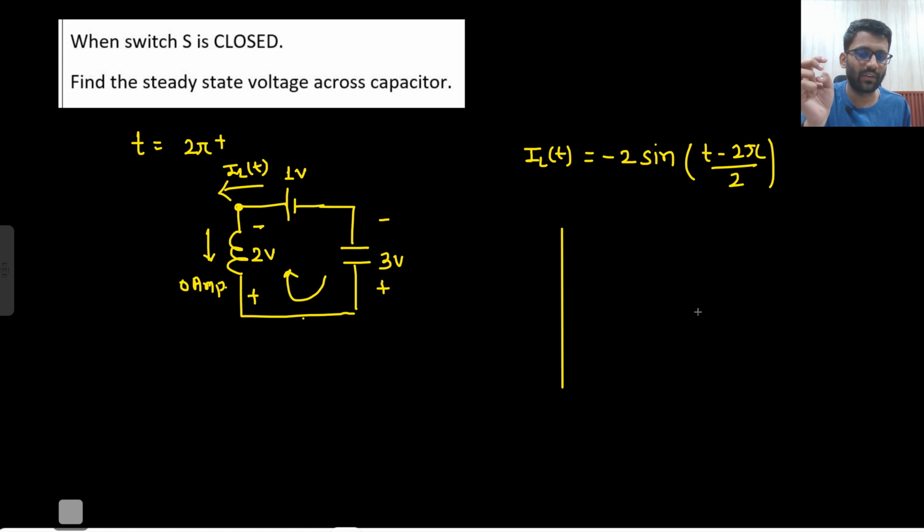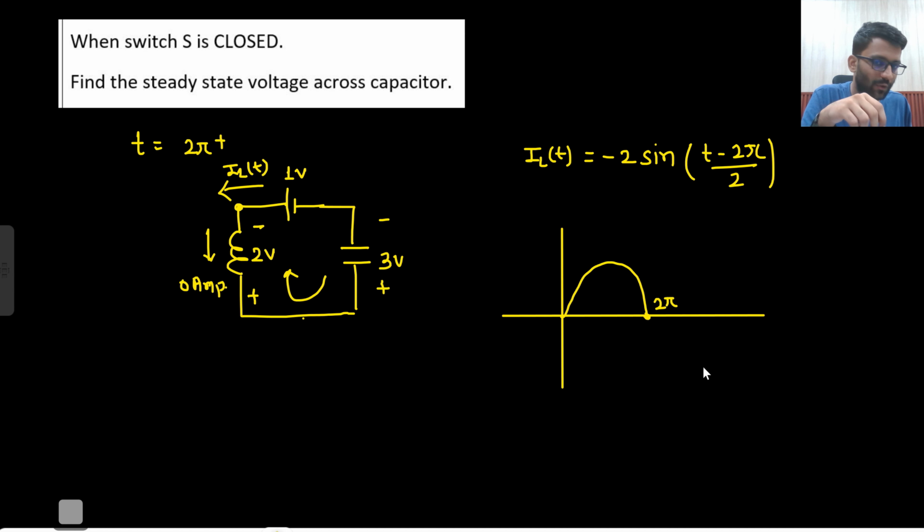So if I draw the current waveform. Initially it was going in this manner, 0 to 4 for 2 pi time. Now when it becomes 0 again, it will flow in the negative direction. This was 4, right? This is your ILT. Now it is going into the negative direction, when it will go to 0 again with the magnitude of 2.